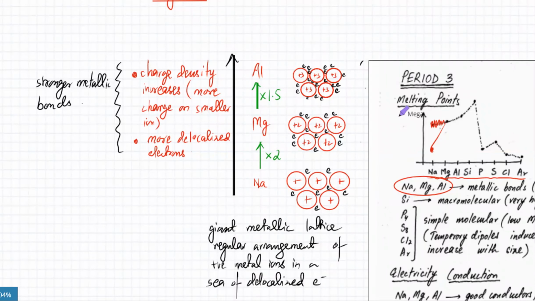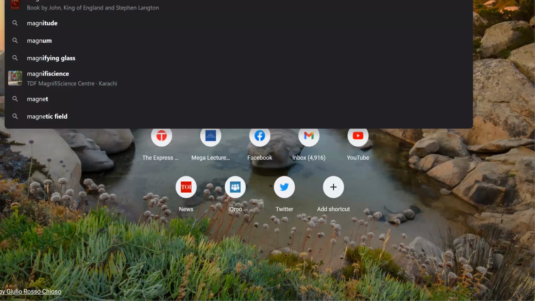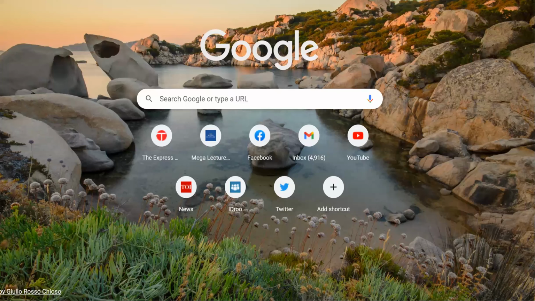मतलब वो देख भी लो Mg और Al का melting point. If I just Google it, you don't have to remember this. अगर magnesium melting point, if you just Google that, that's 650.